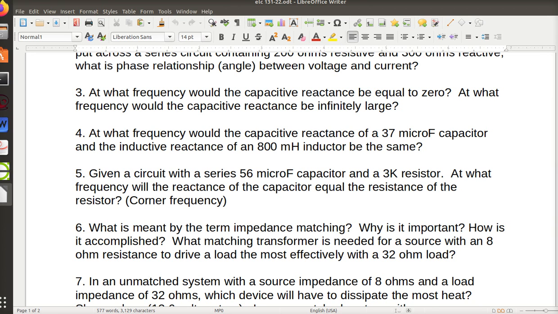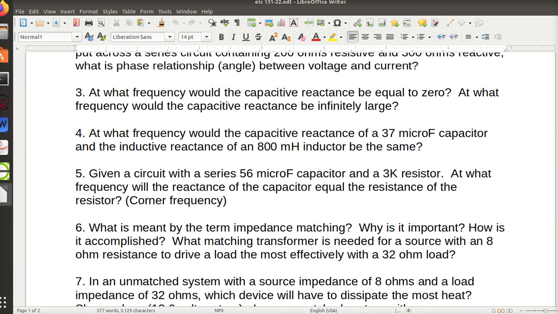Number 4 is just a problem where you are coming up with the capacitive reactance and the inductive reactance, and you want the frequency where they are the same. So I'll give you a capacitor and an inductor, and since they cross, inductive reactance goes up with frequency, capacitive reactance comes down with frequency.